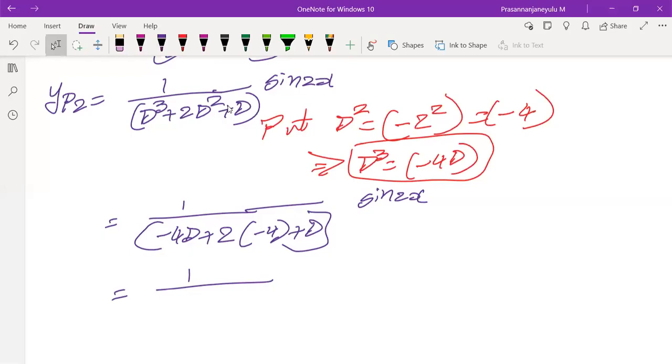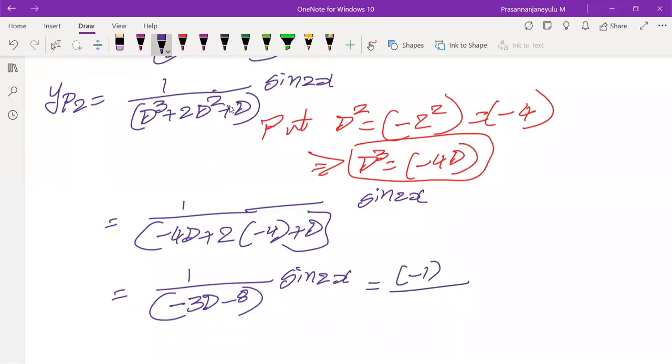Anybody can say? Minus 3d minus 8, of sine 2x. Now can I do rationalization in the denominator? I am taking minus 1 common. Then it becomes 3d plus 8. We have to do rationalization.